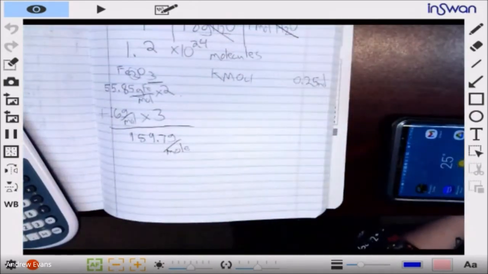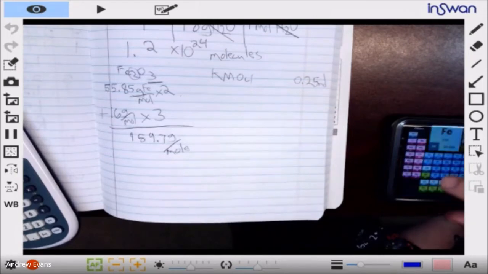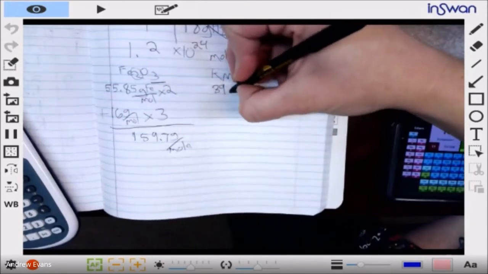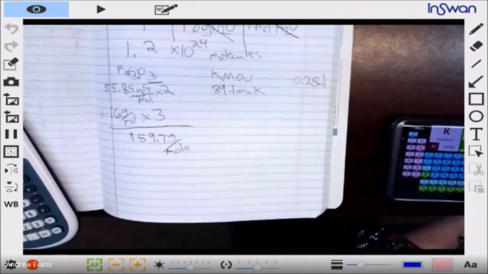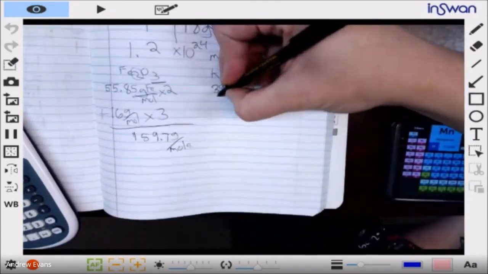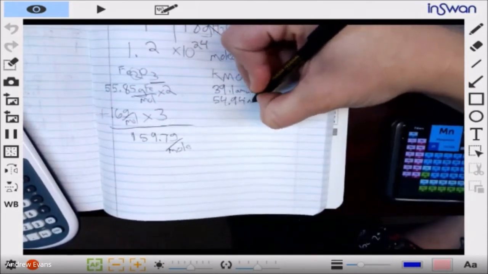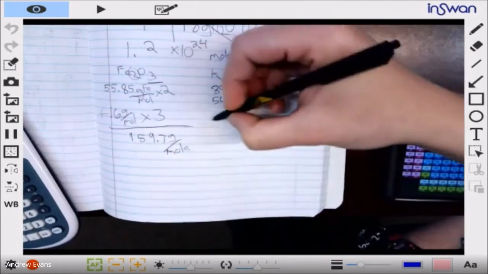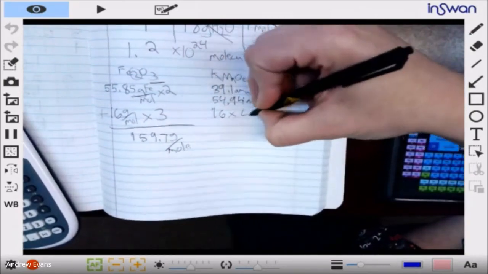Now the next one, we ask the molecular weight of potassium permanganate. The molecular weight. Well, potassium is about 39.1 AMU of potassium. Manganese is, say, about 54.94 AMU of Mn. And oxygen, once again, is 16 times 4 oxygens this time.